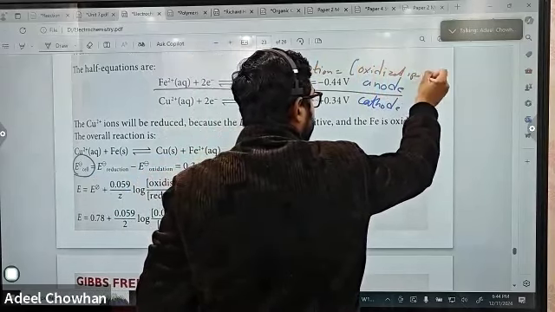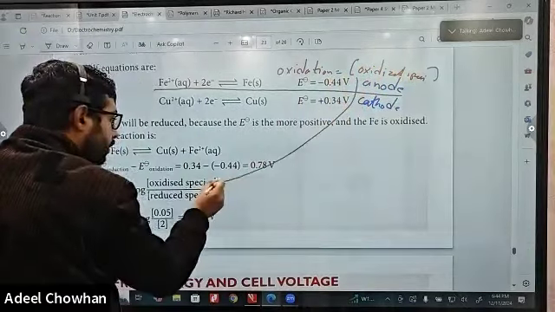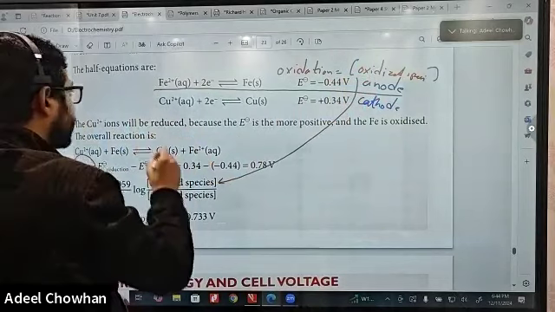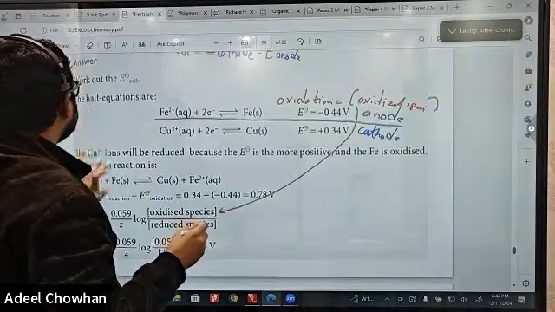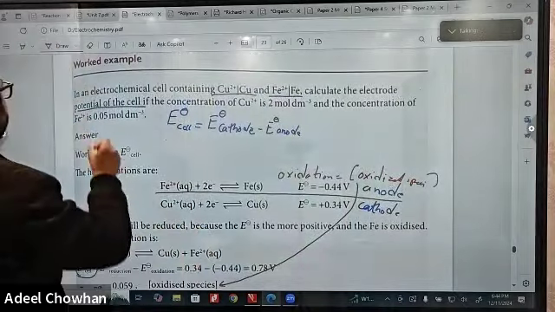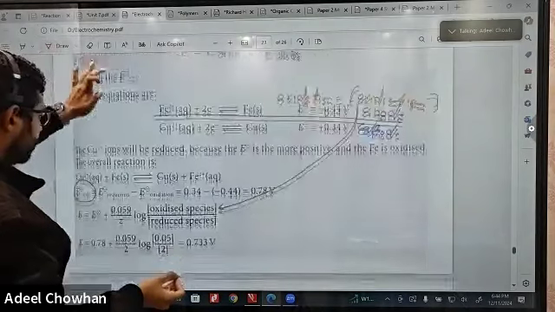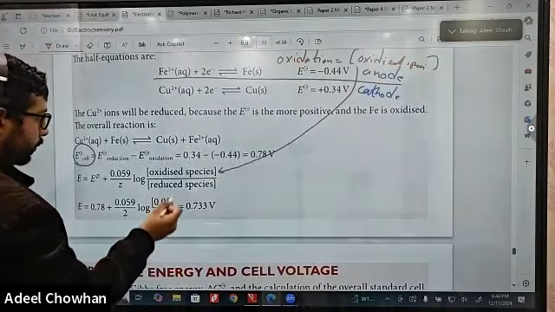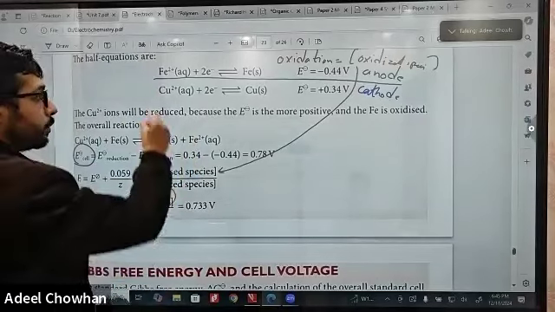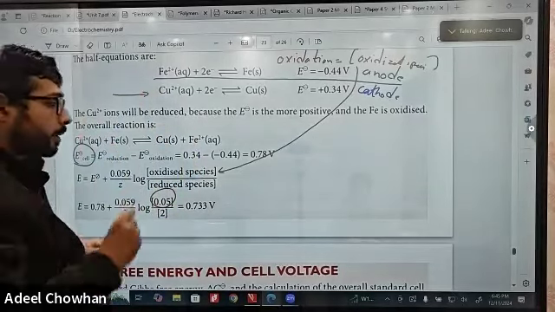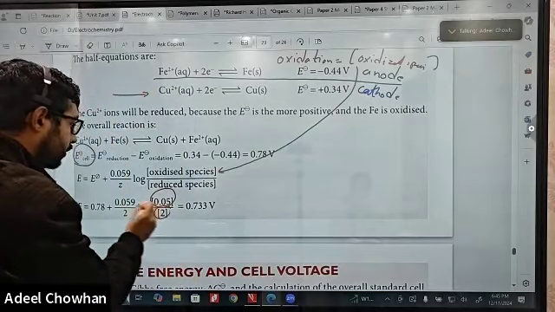Oxidized species will come in the numerator, and the value for this iron is given in the question. It is 0.05 mole per dm cube, and that's the reason we have used this value of 0.05 in the numerator, and 2 mole per dm cube was given for the copper, which is happening at the cathode, which means the reduction reaction is over here.